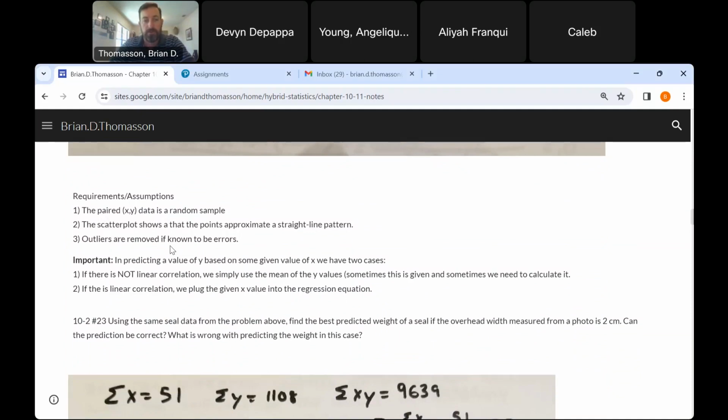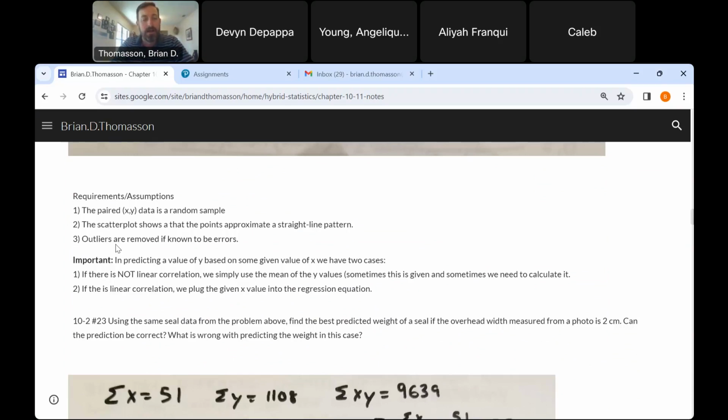And outliers are removed if known to be errors. That's a little bit beyond what we're doing in this class. If there's one seal that's very different from the rest, sometimes we take those out, depending on how far off they are and so forth. So let's not worry about that too much. I just wanted to put it in there as kind of food for thought, I guess.